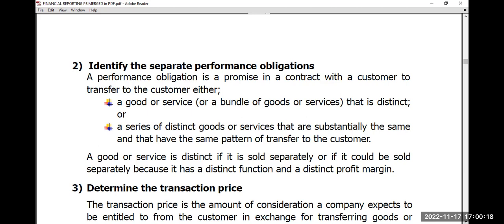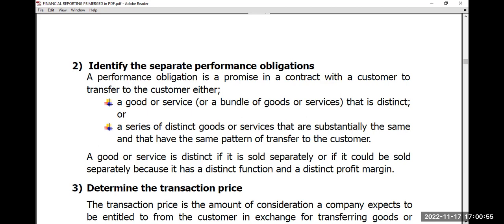Secondly, we are saying a series of distinct goods. Remember, we are saying these goods are supposed to be distinct. These items can be distinguished, not items where one cannot function on its own and you start calling them distinct. There may be a series of distinct goods or services that are substantially the same and that have the same pattern of transfer to the customer.